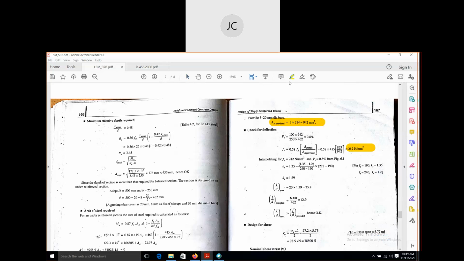Do you understand how they have done this calculation? You see the calculation and you tell me whether you have understood or not.